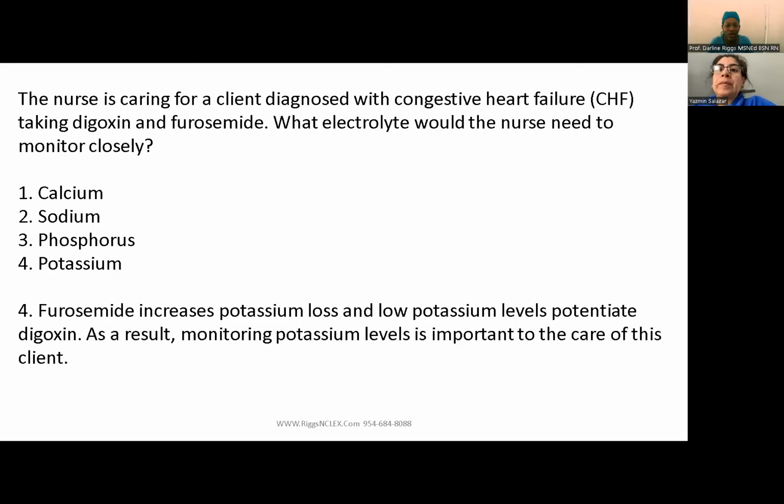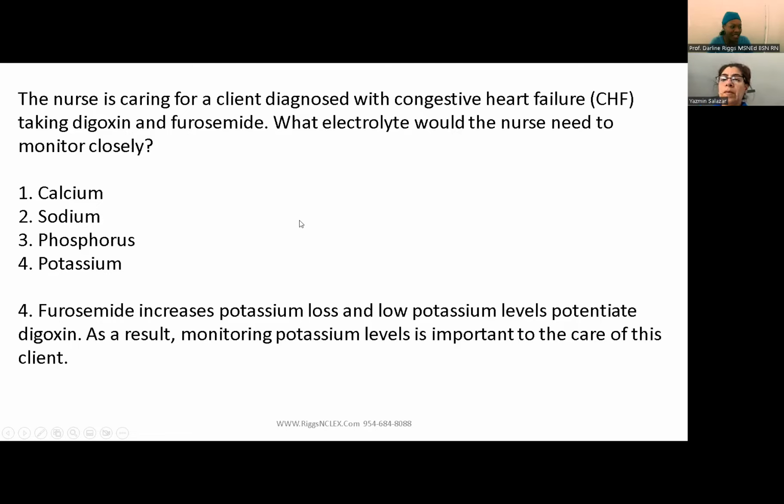This one is in learning mode, which means your answer is right there. That's because it's super easy. The nurse is caring for a client diagnosed with congestive heart failure, taking digoxin and furosemide, right? Because you know with digoxin, you cannot be hypokalemic, and furosemide is going to waste your potassium.